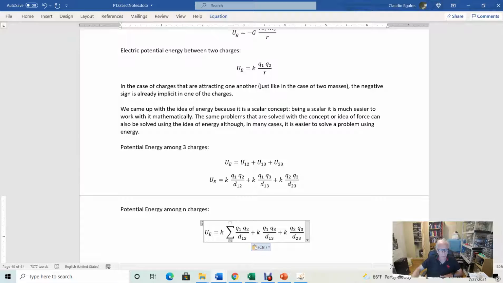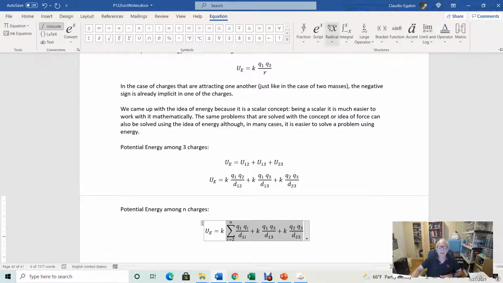Start from i equals 2 to n, and the index here is going to be i, letter i. The charge Q1 is going to stay constant, and the charge is going to be Qi. And then the k is going to be a constant.